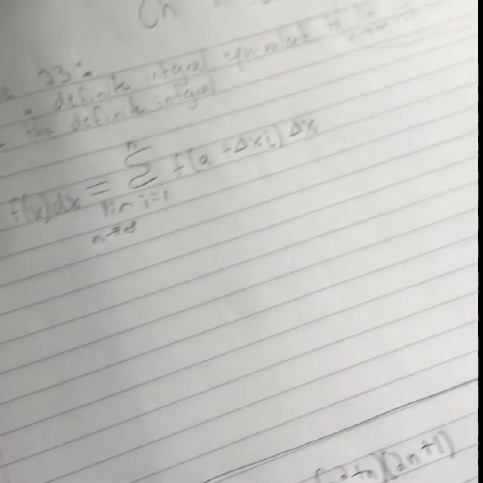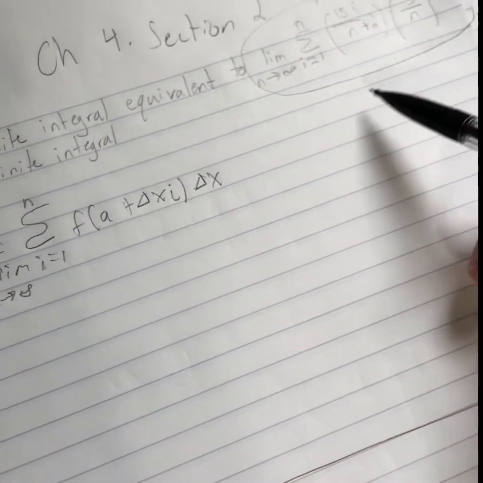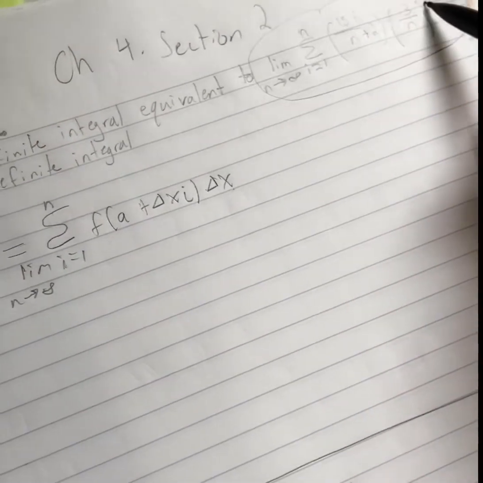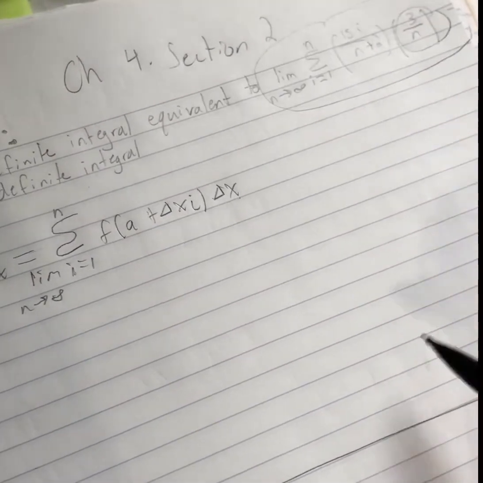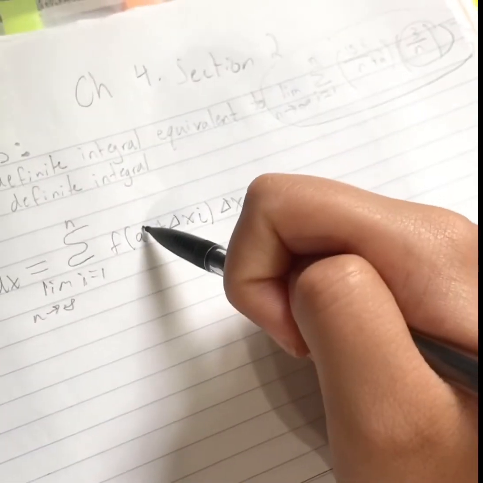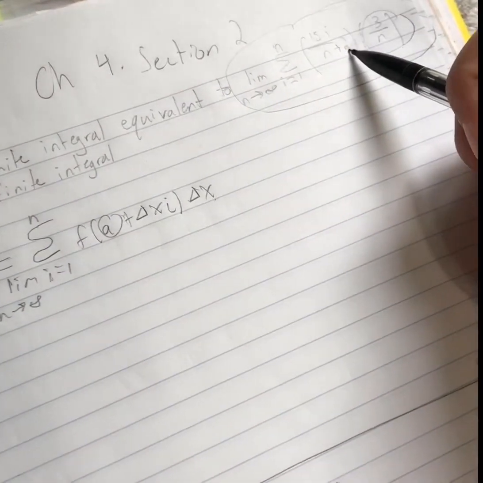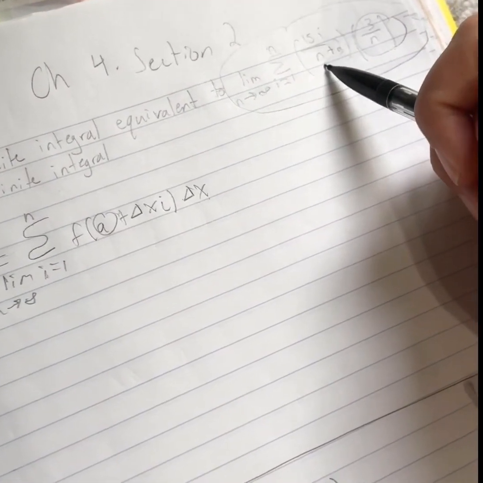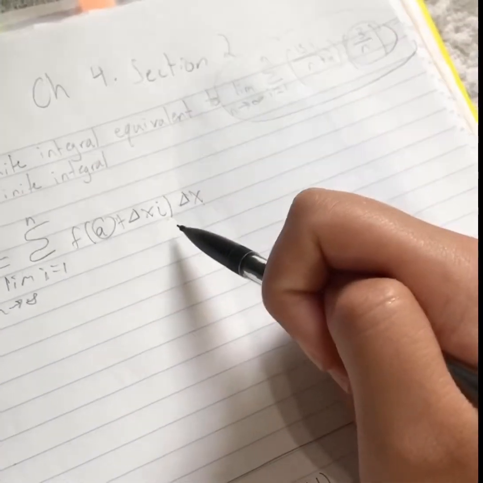So looking at that, we can see that the change in x is 3 over n, and a is 2 because it's being added to the change in x times the index.